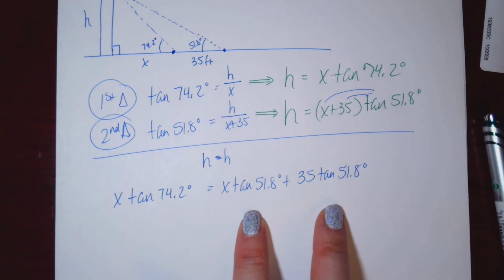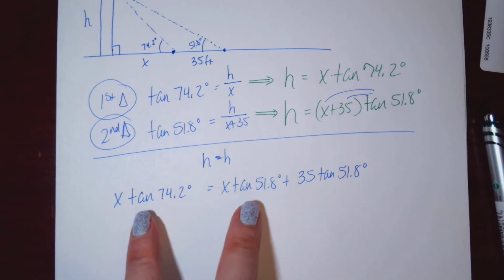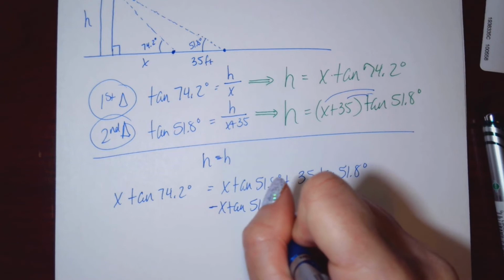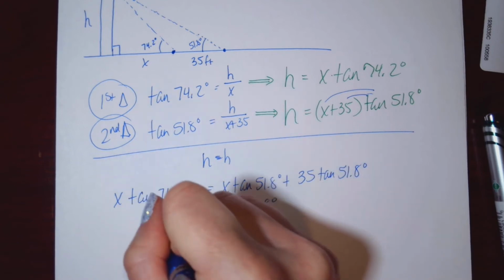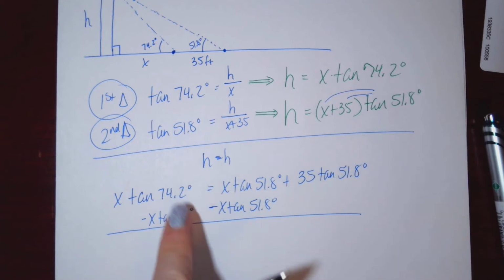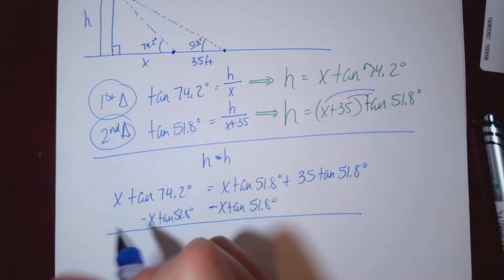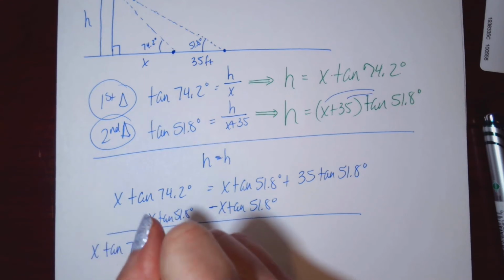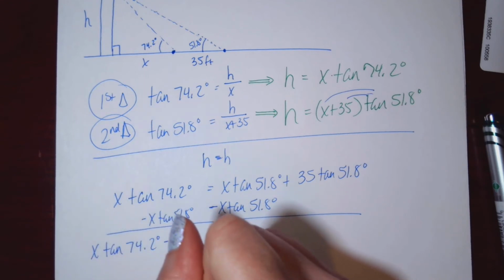Now, to find the height, I need to solve for x, which means I need to get these two values of x on the same side of my equation. They're not like terms because they have different angle values. So I can't just combine it into a single term here.